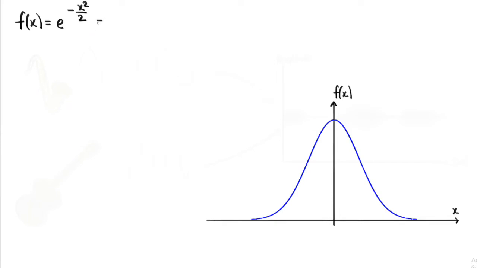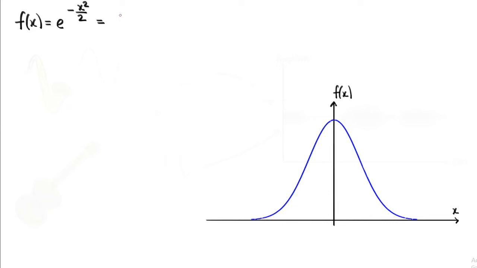And I want to write the Gaussian function as a sum of a number of different sine and cosine waves. Because I want to look at a continuous range of frequencies instead of a discrete range of frequencies, instead of using sums, I'm going to use integrals.